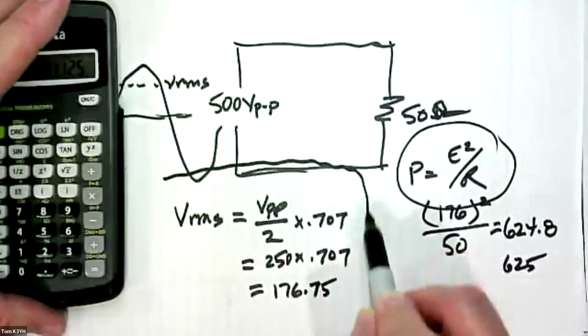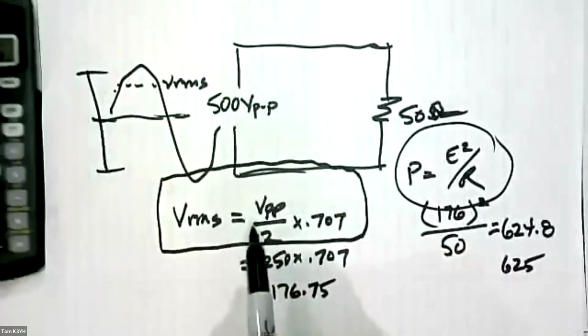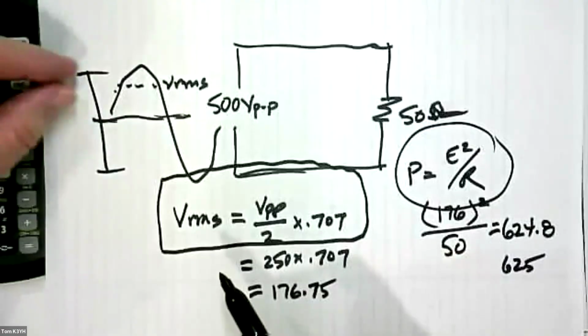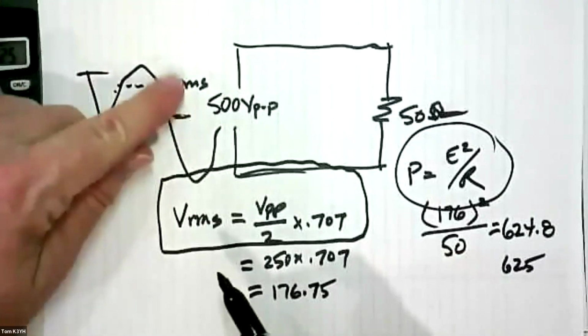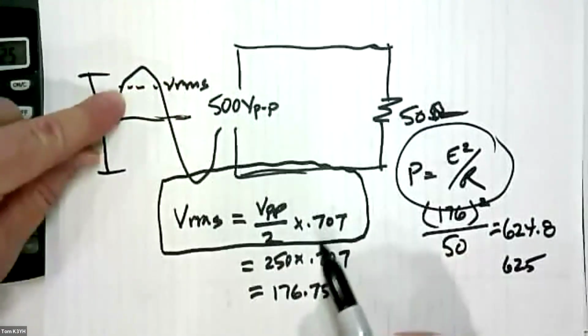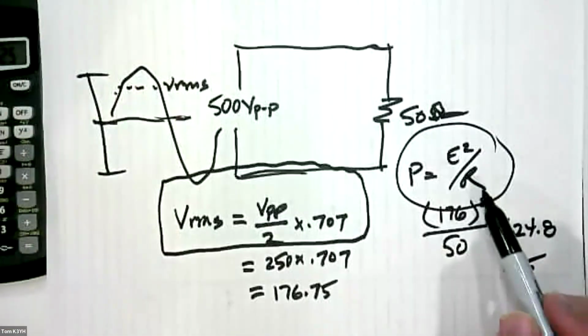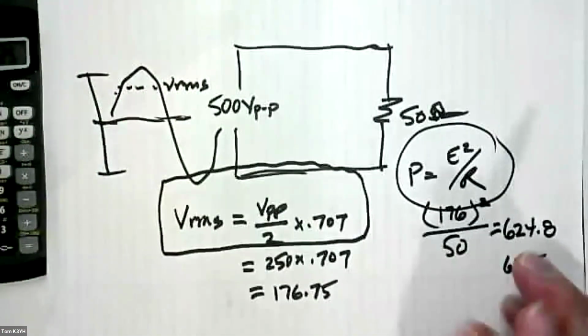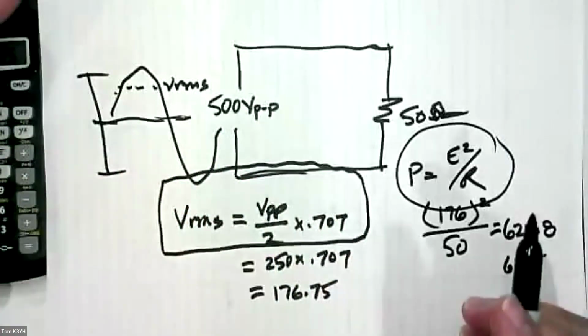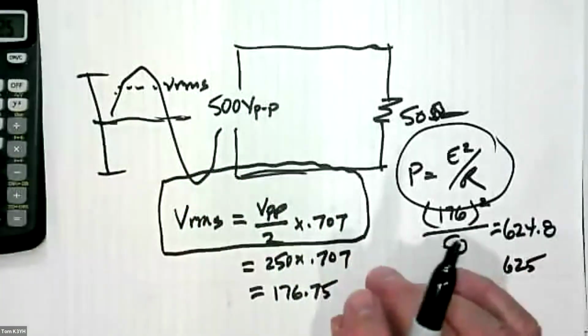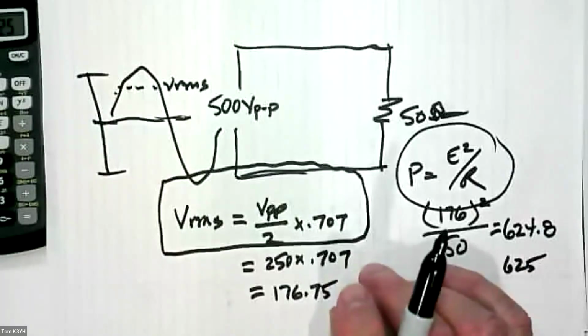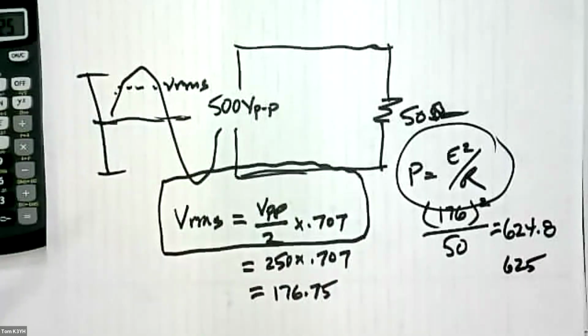You've got to be able to visualize this, that the RMS voltage is the peak to peak divided in half times 0.707 to get that number. And then the power equation is E squared over R. And something not to be misled by is peak envelope power. You can never calculate power with anything but RMS. Even peak envelope power is RMS power.